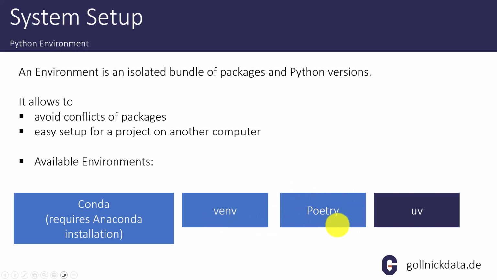Then you have Poetry, which is a bit more modern and also very good. But my favorite is actually UV. It's the most modern out of these ones, but the main advantage is that it's lightning fast. It's an implementation based on Rust, a language that is very close to the machine, and the installation is extremely fast if you install a package that has been cached before, and it's also very simple to use.